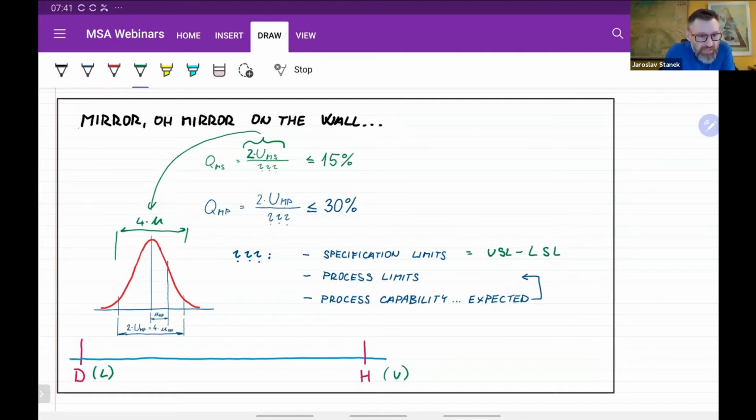It is 15% for the measuring system and 30% for the measurement process. So the region of uncertainty of the measuring process can be up to approximately 1/3 of the tolerance limits.